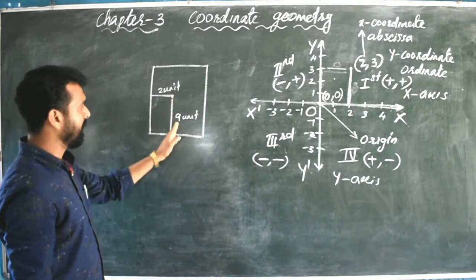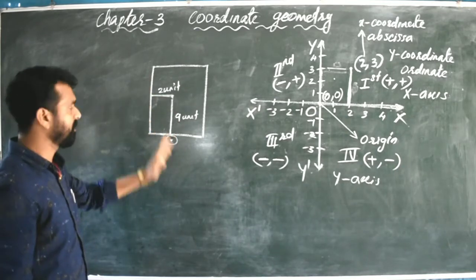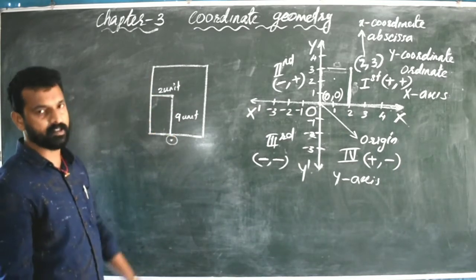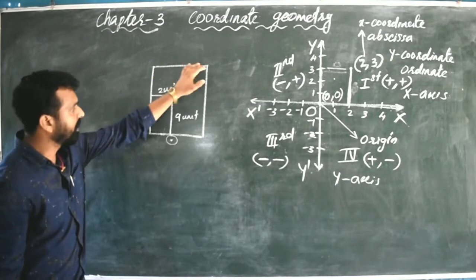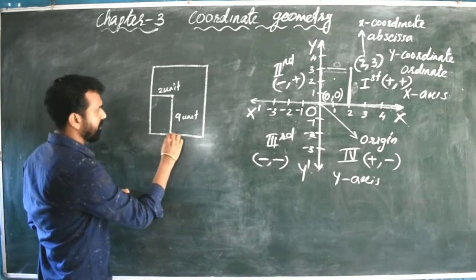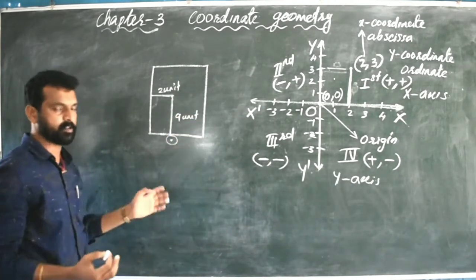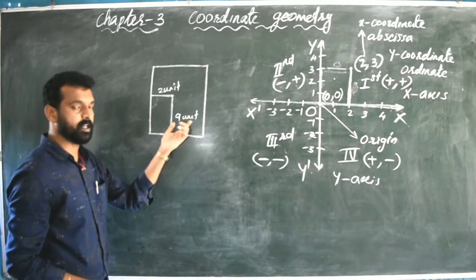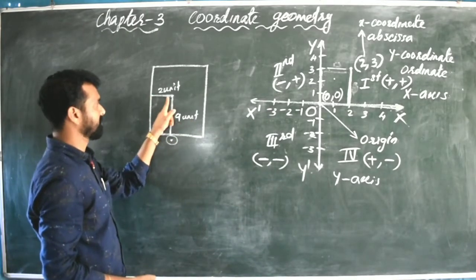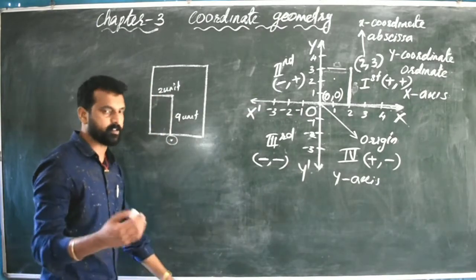Here I wrote 9 units from his sitting position and 2 units from the left side of the table. So first you have to draw this table and mark a point here, and from here draw a line and write a number here, 9 units or 8 units or 7 units or whatever it may be. From here also you write a number, 2 units or 3 units or 4 units, something like that.